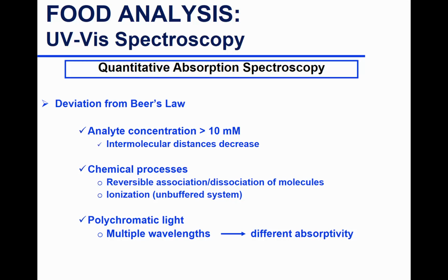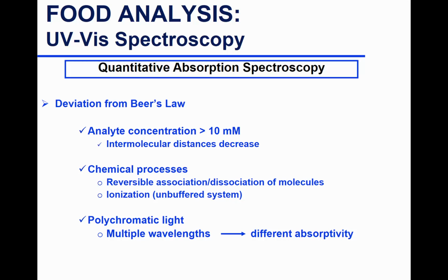So the electrons on each molecule are going to be impacting the electrons on the other molecule because of being very close in proximity. And when that happens, absorptivity is impacted. So we cannot apply Beer's law when you have high concentration. That's why most of the time we dilute our samples quite a bit and then convert by using the dilution factor back to the original concentration.